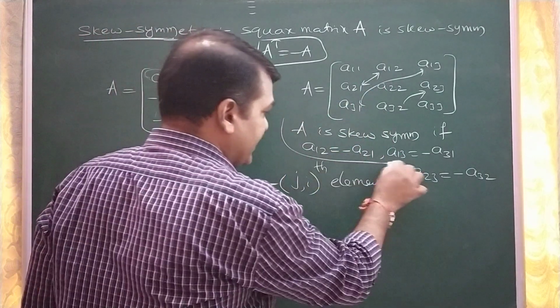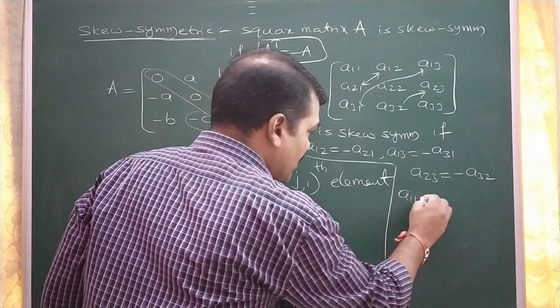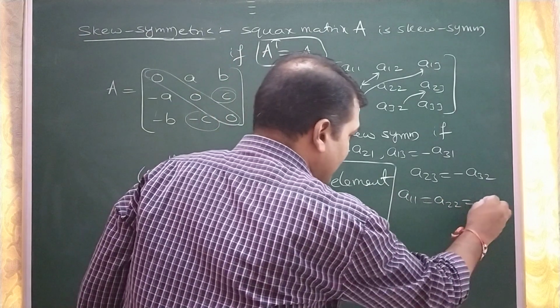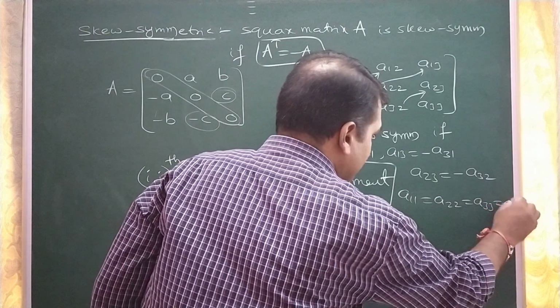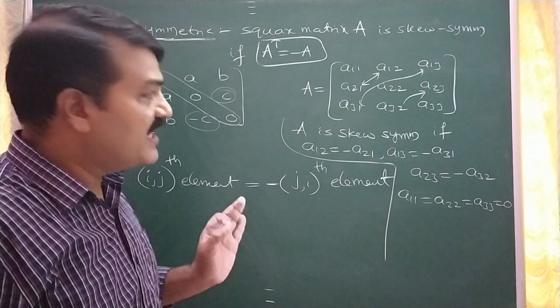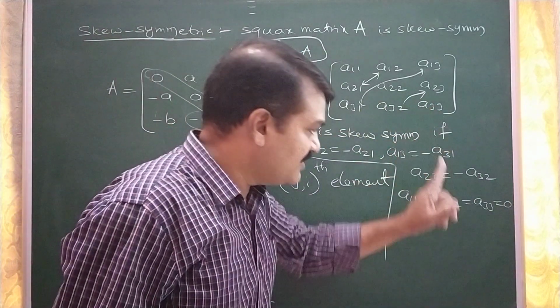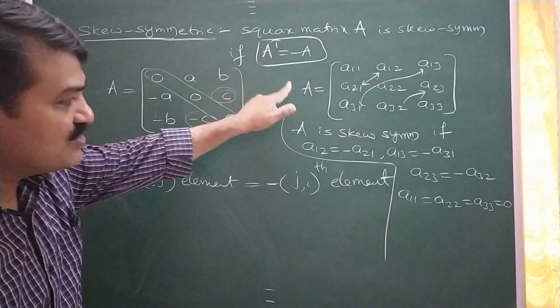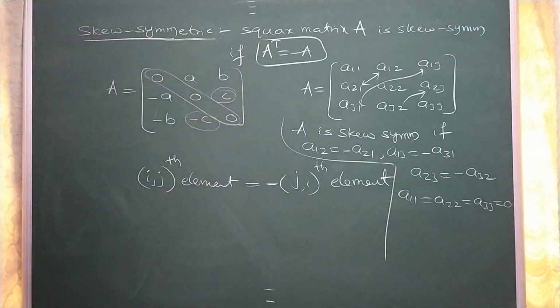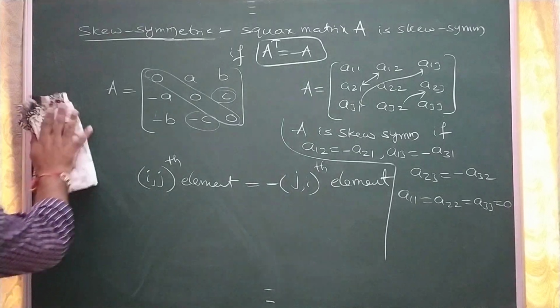And one more point is, all principal diagonal elements must be zeros. Each and every diagonal element must be zero for a skew symmetric matrix. That is compulsory. So this is the basic rule for a skew symmetric matrix.